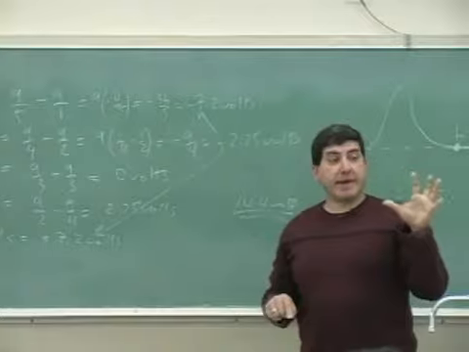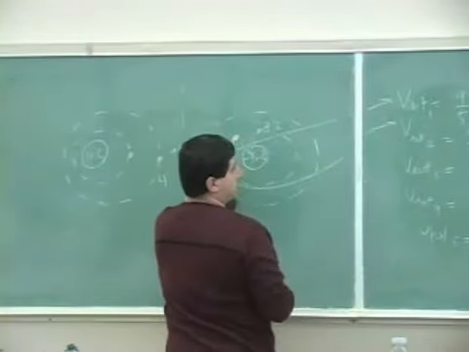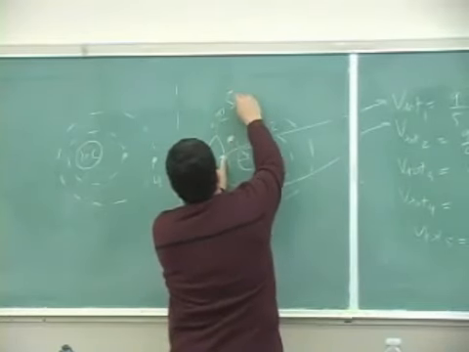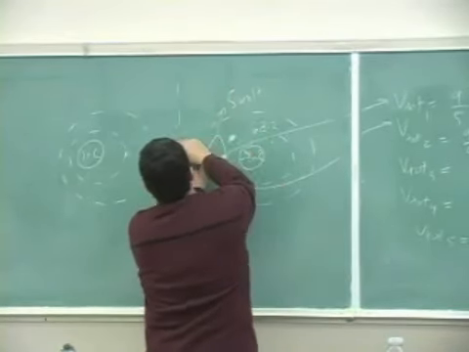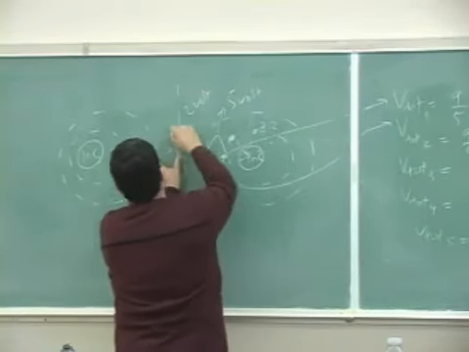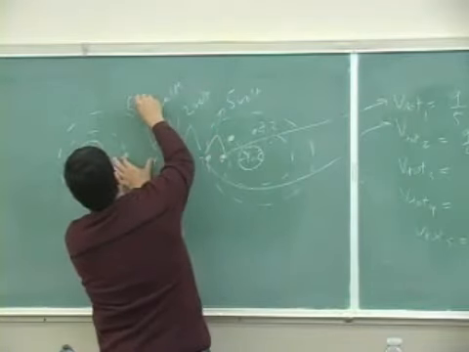But the general pattern is still true. The increment from here to here is more. It's about 5 volts. The increment from here to here is 2 volts. I'm rounding it now. From here to here is 2 volts. And then from here to here is 5 volts.